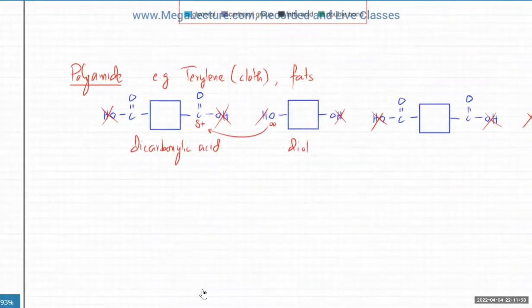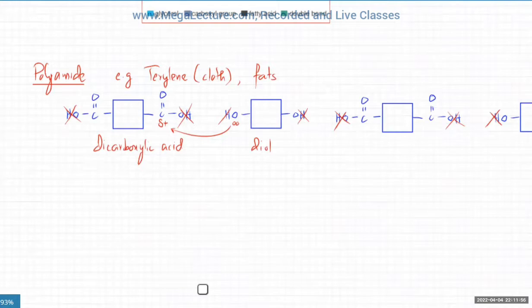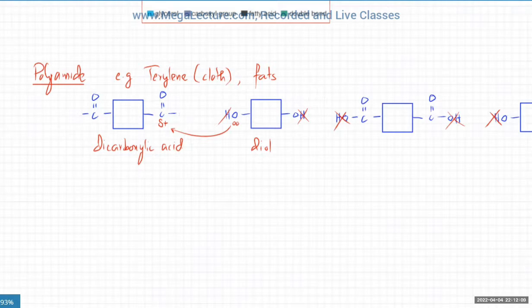So how do you make a polyamide? In a polyamide, the first thing is the monomer is an acyl chloride. It's always an acyl chloride. It's got a Cl.